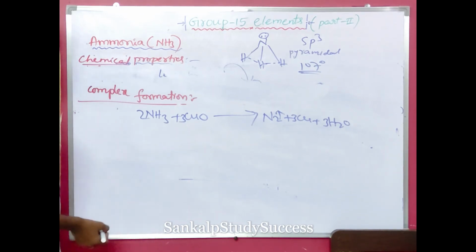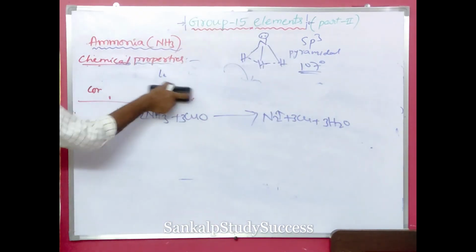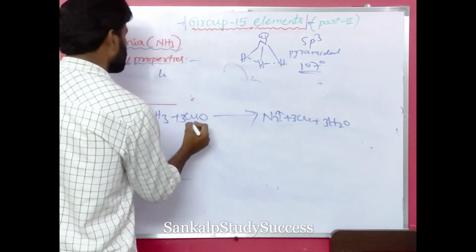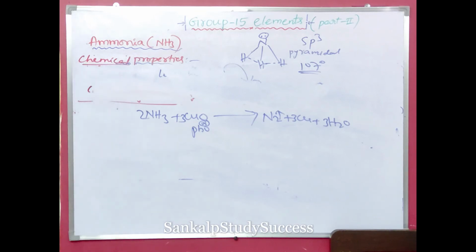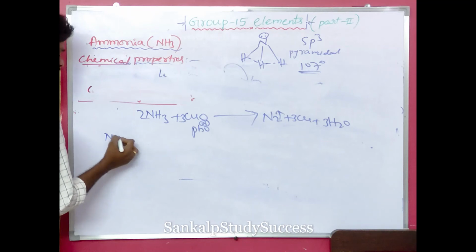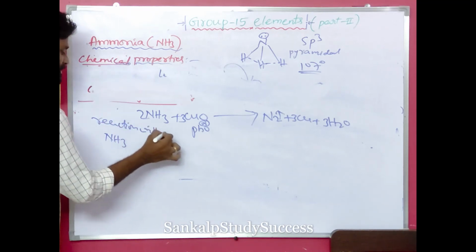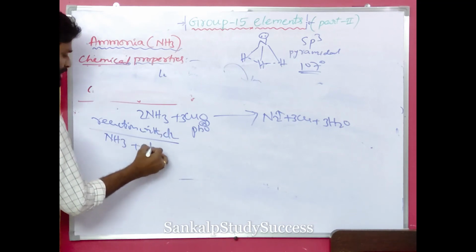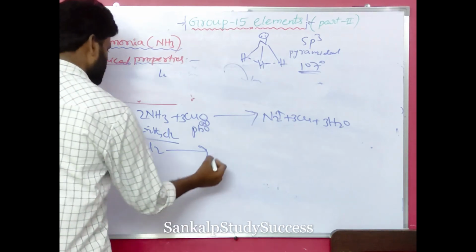Similarly, some more reactions, similarly PbO also, CuO or PbO, right? Ammonia can react with chlorine. Ammonia can be treated with chlorine, where ammonia can be in excess. What happened?